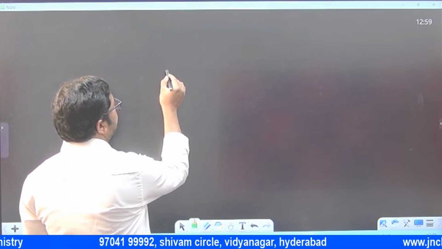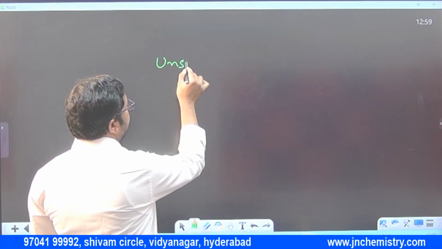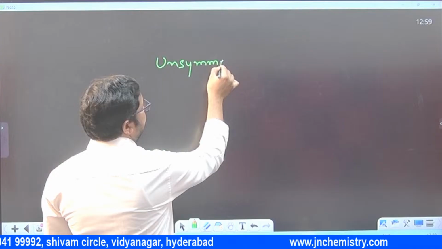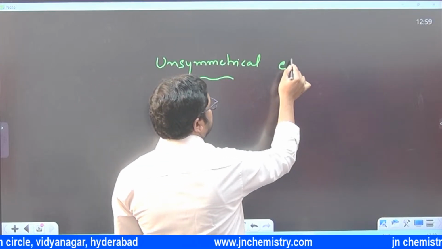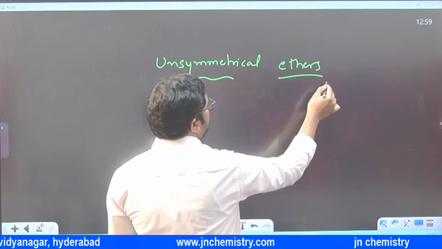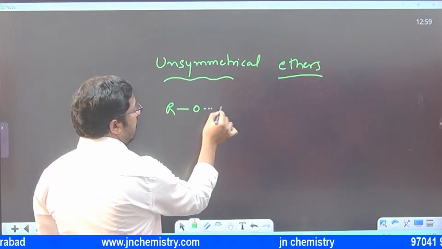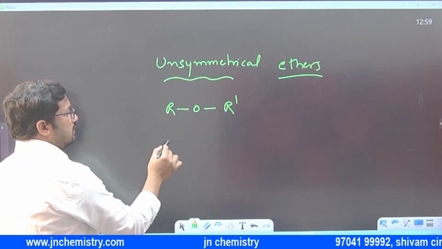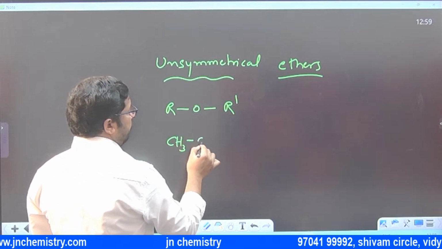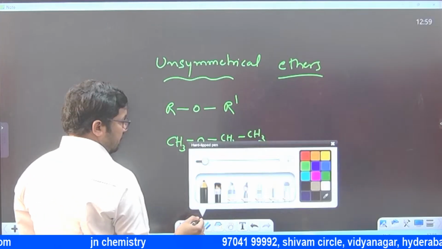Next, unsymmetrical ethers. Unsymmetrical ethers. So means R, O, R dash, means both are not same. For example, CH3OCH2CH3, right?